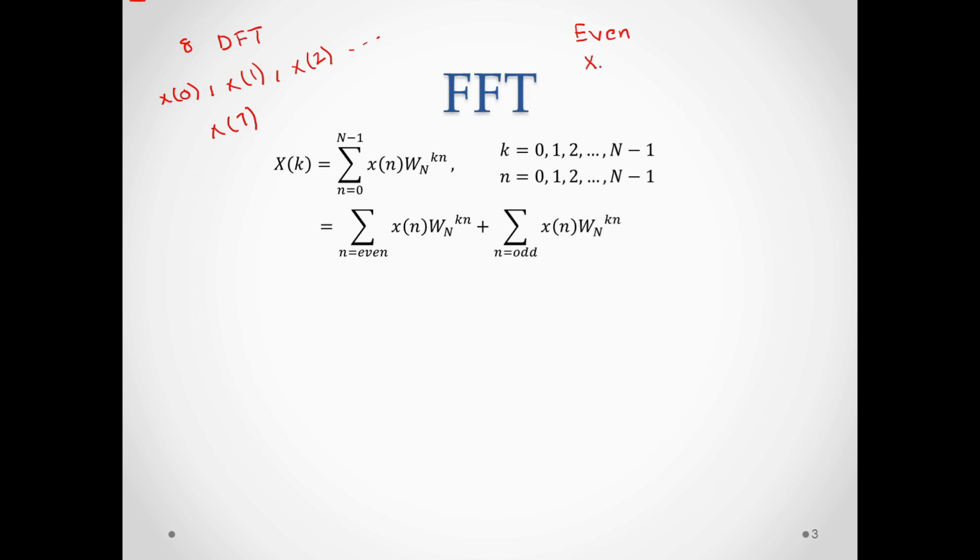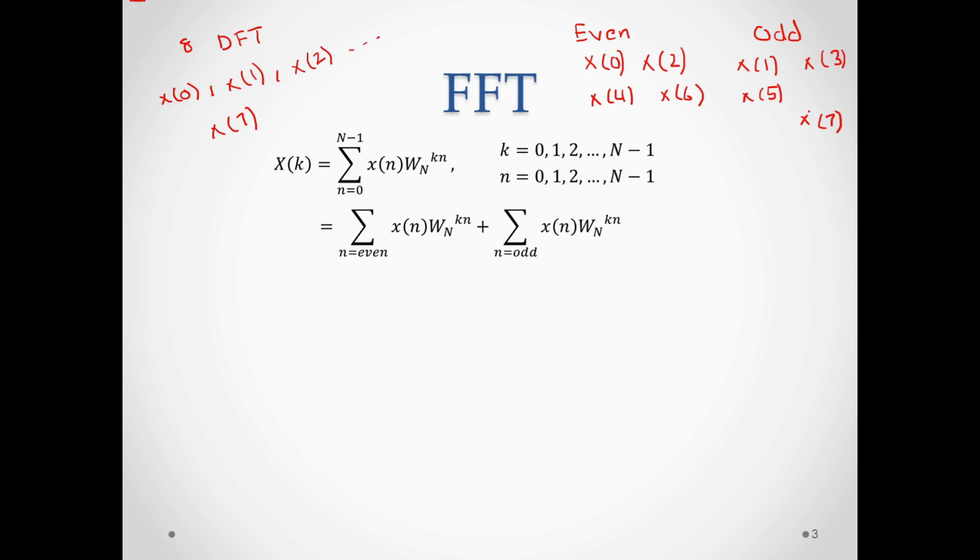That means x of 0, x of 2, x of 4, and x of 6 are our even part. Similarly, the odd entries for this series would be x of 1, x of 3, x of 5, and x of 7.